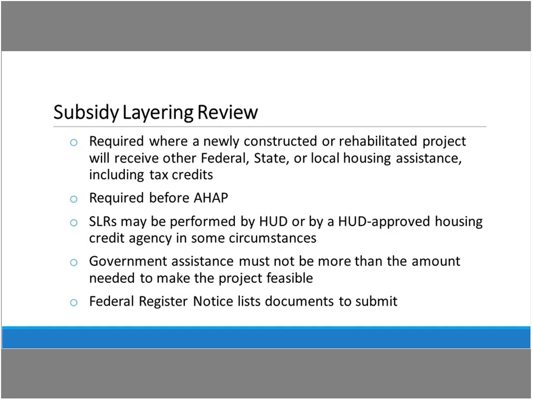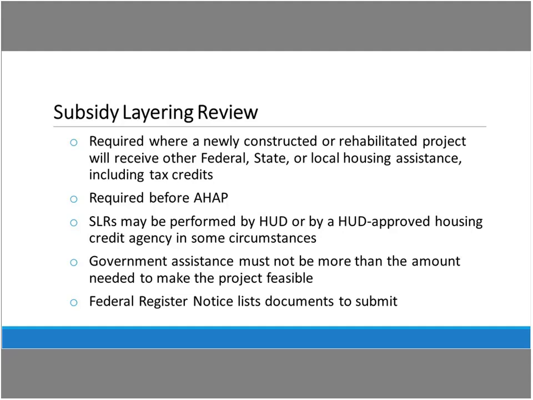So again, if it's an existing project, which we talked about, being defined as a project that substantially meets HQS, substantially defined by the Housing Authority, and that determination made at the time of selection, then a subsidy layer review is not required. But if it's new construction or rehab, a subsidy layer review is required before you enter the AHAP.